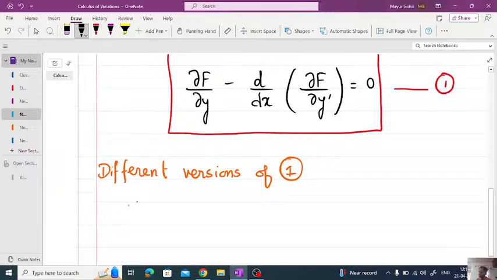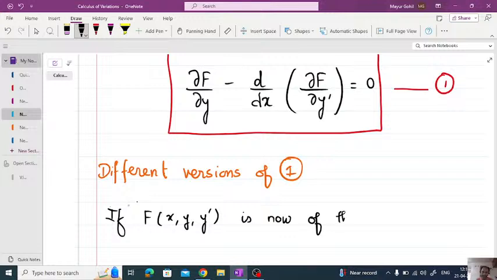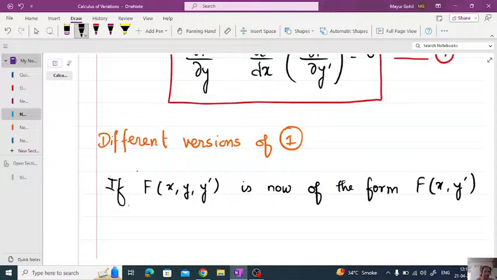So if your function f of x comma y dash is of the form f of x comma y dash, then this is the first case, so I'll write here case A.